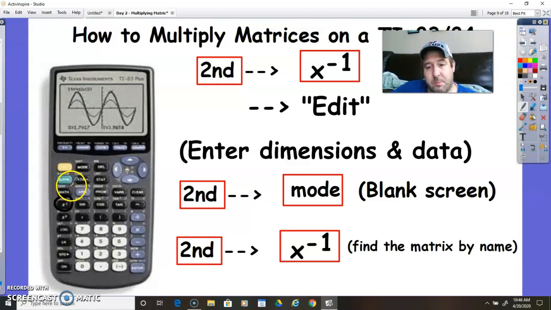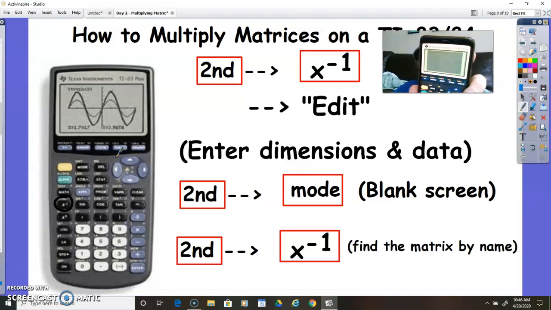And it's going to ask you to write the dimensions of the first matrix. And you just put that in. And then you edit it. So you put in the numbers for that matrix. You do the same thing for another matrix. And then you can just literally go back to your blank screen. So clear that out. So second quit.